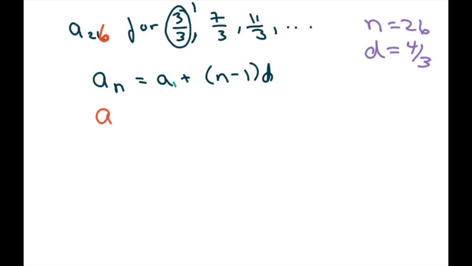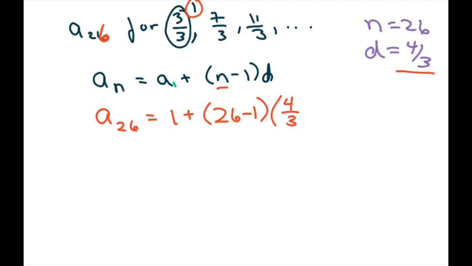So we want a sub 26 equals your first term. The first term is 1, plus your number of terms, your n is 26, minus 1, times your common difference, which you keep adding 4/3.